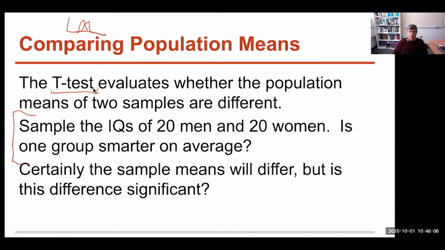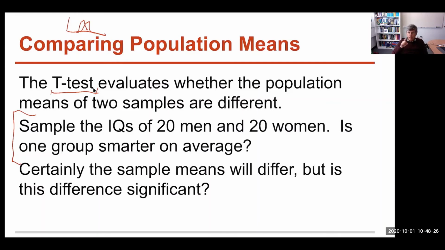The real question is, there's going to be a difference if I take a sample of 20. Either the men are going to be smarter on average or the women are going to be smarter on average. The real question is, is this due to sample bias or is there a meaningful difference?